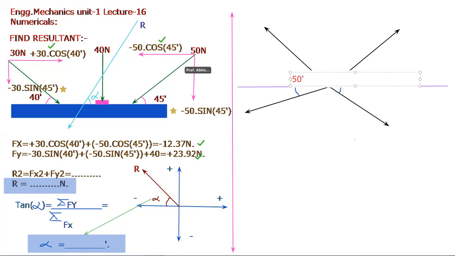This one is 50 degree. This one is 25 degree. And this one is 40 degree. So these angles are given and the magnitudes are given. 10 Newton, 20 Newton, then 30 Newton, and then 40 Newton.